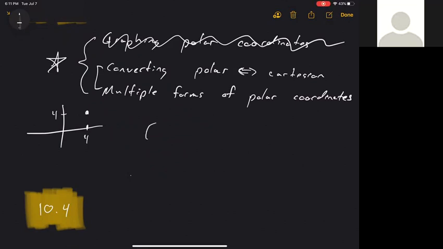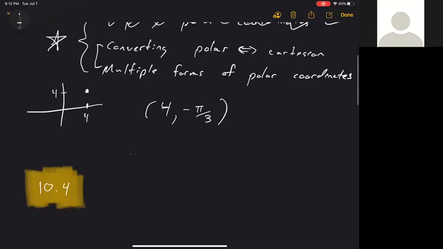Maybe you convert and you get 4 and then negative pi over 3 or something, maybe you get that answer somehow. And then you could check your answer by graphing, and you say, okay, 4, negative pi over 3 would be down here.